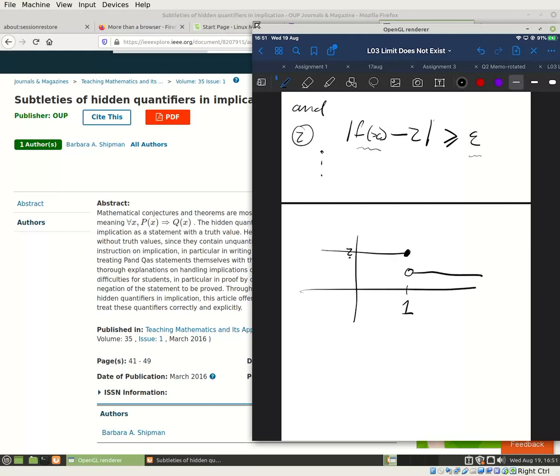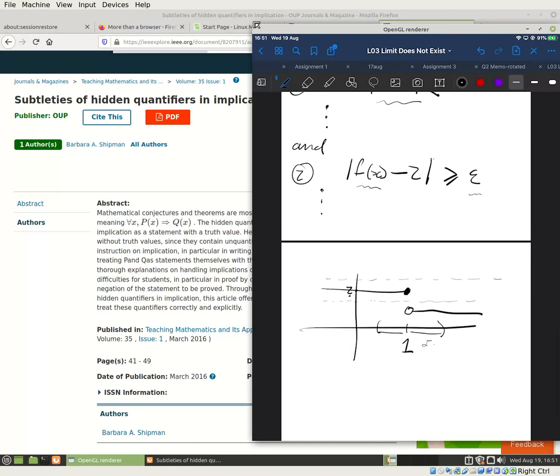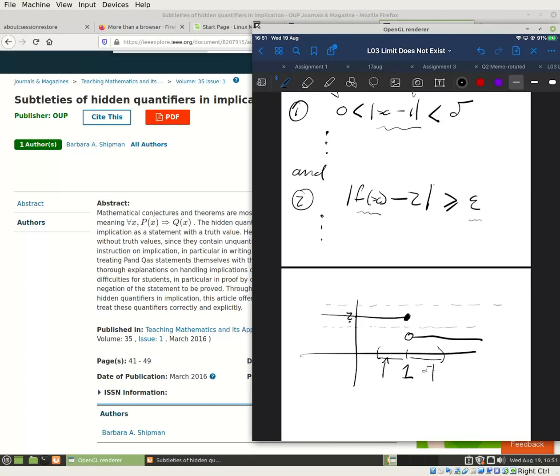So the idea here is we must find some epsilon so that if we look at the strip around the value 2, we must now be able to, for every delta, doesn't matter what it is, if we look at this interval centered at 1 with radius delta, find an x somewhere in this interval.